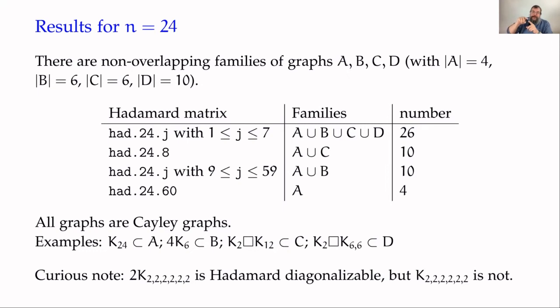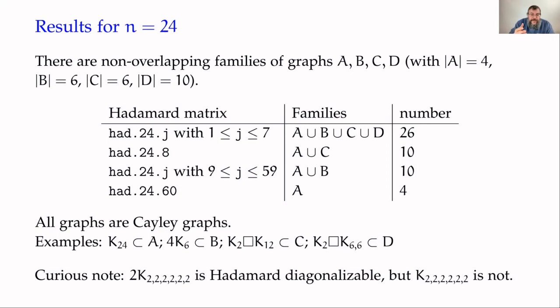Well, the reason they call it the cocktail party graph is you have 6 couples, so a total of 12 people go to a party. And when you're at the party, you shake the hand of everyone you meet, but of course you don't shake the hand of the person you came with. Another way to think about it is you take a complete graph and you subtract a perfect matching. So that's what we have.